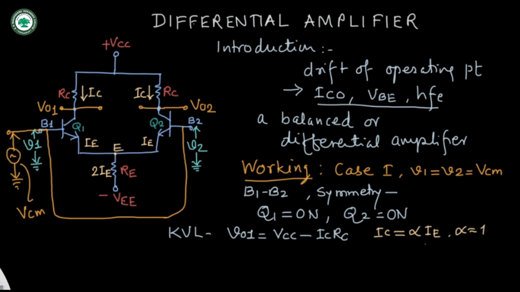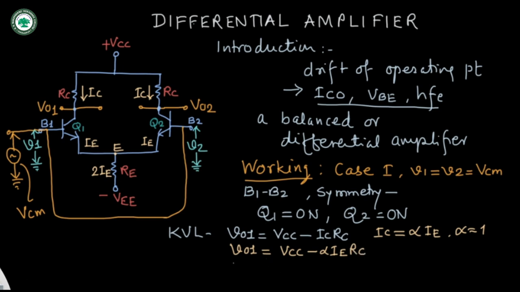So we can consider IC equal to alpha into IE, and therefore we can write VO1 equal to VCC minus alpha into IE into RC.